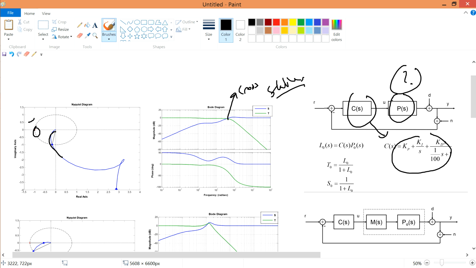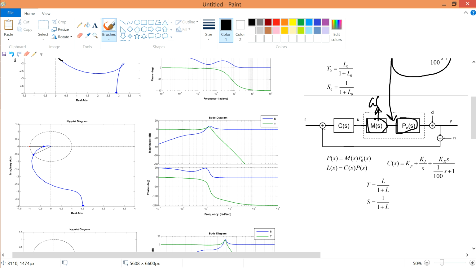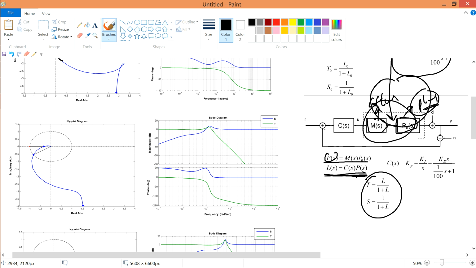Instead, the plant itself can be further dissected into M and P, where M is the actuator and P is simply the plant itself. Same thing, C is the controller, a PID, multiplied by whatever equation you have over here. P is equal to MP, so CP, which is P times C, will give you L, and then you substitute it in and get something like this.